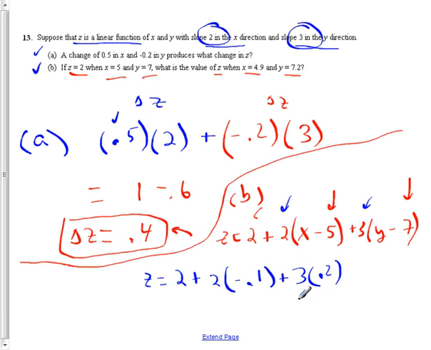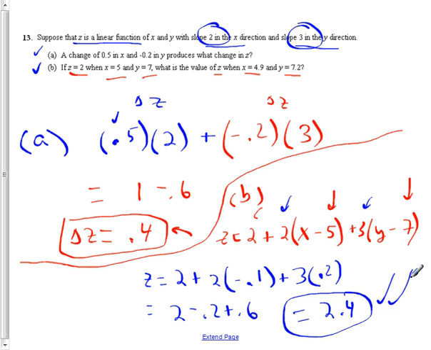So these values are creating my change in z, similar to right up here. So we get 2 minus 0.2 plus 0.6, which is 2.4. So there we go. A handful of examples for you to have some more exposure to linear functions.